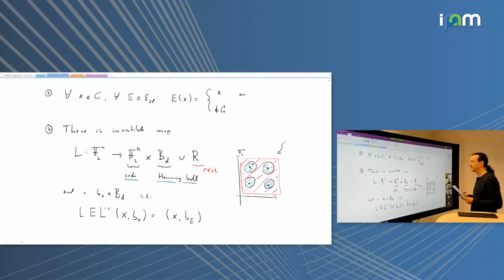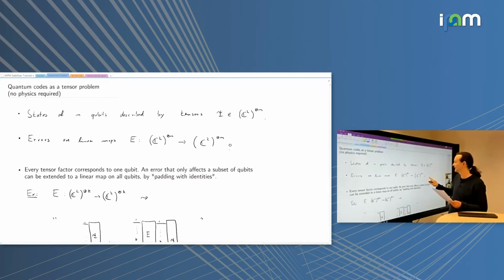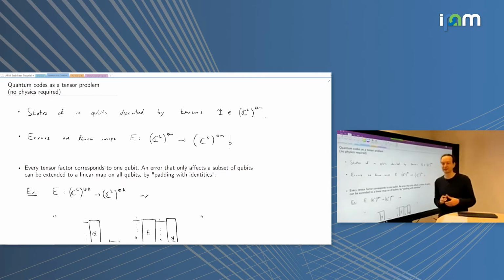Good question. They could be linear because I imposed the linear structure on the bit strings, but I don't assume that they're linear here. Good, but thanks for asking this question, because we now have to explain what errors are in the quantum setting, and there they will indeed be linear maps.